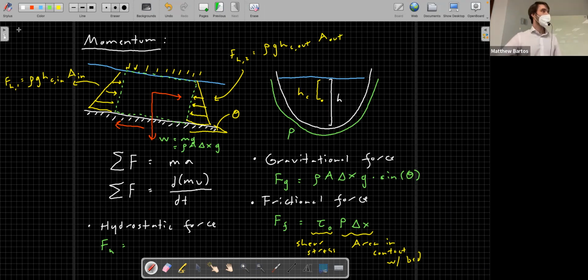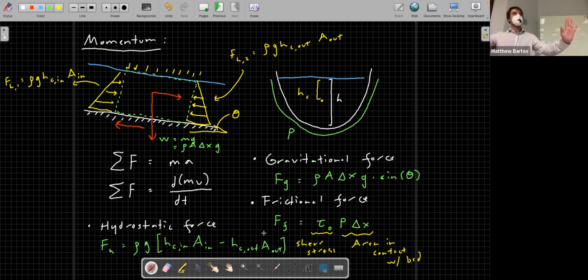Okay, so it's going to be rho g times HC in, that's the height of the centroid at the upstream end, times the cross-sectional area at the upstream end, minus the height of the centroid at the downstream end, times the cross-sectional area at the downstream end.